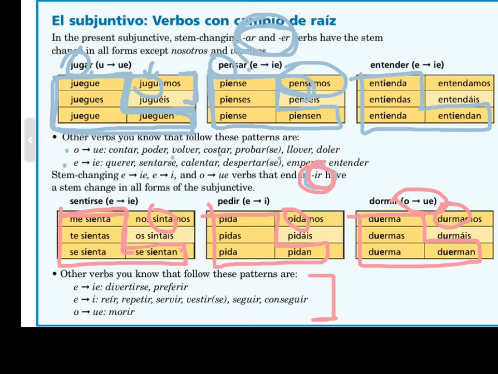These are some other verbs that we see frequently that are IR verbs, and they are also stem changers, which means that when they're in any form except for nosotros or vosotros, you do the stem change, but then in the nosotros form, an E will go to an I. An O will go to a U.